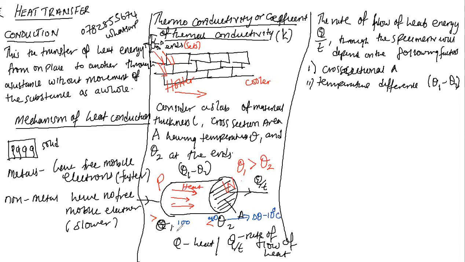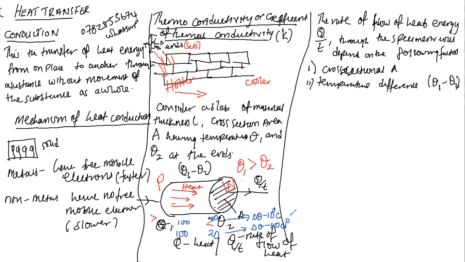But if the temperature here was 100 and the temperature here was 20, then the temperature difference would be 80 degrees Celsius. So heat would travel faster where it has a difference of 80, which is bigger. Why? There are so many regions where heat energy has not yet reached. While for the case of the 90, many regions have already acquired what? Heat.